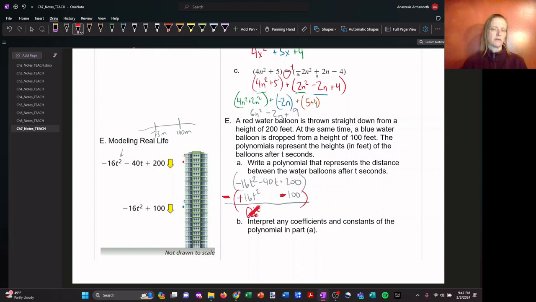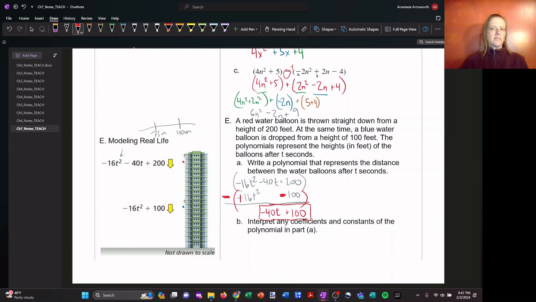The whole term disappears. And negative 40t, I'm not adding or subtracting anything from that, so that stays as negative 40t. And then I have 200 minus 100, which is 100 as my constant. So here is my final polynomial to represent the distance between those two water balloons.